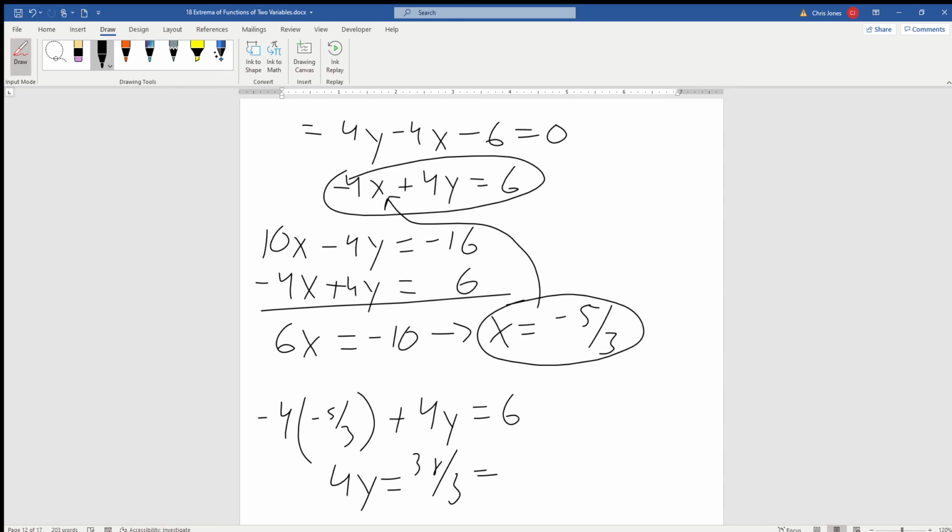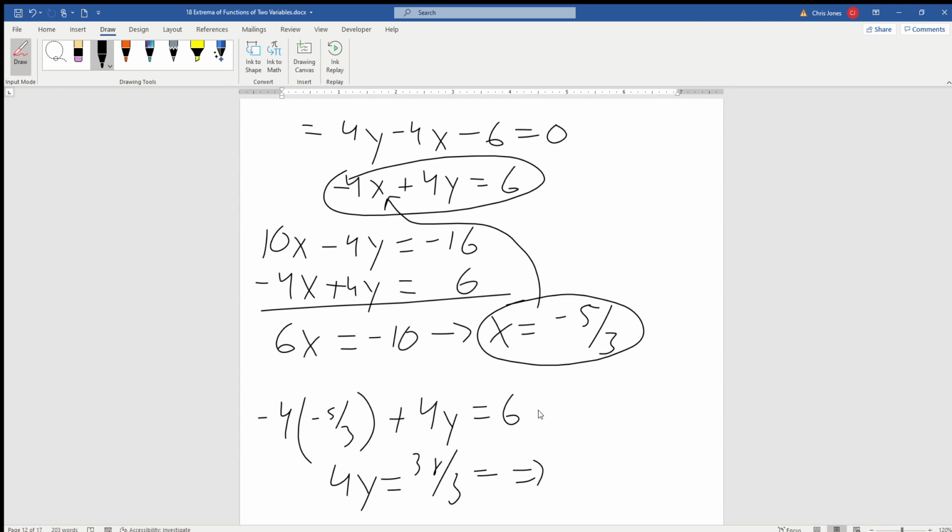And if we divide by 4, that should be 19/6, but let me just verify that. Just being lazy using the calculator. So y is going to be our 19/6.